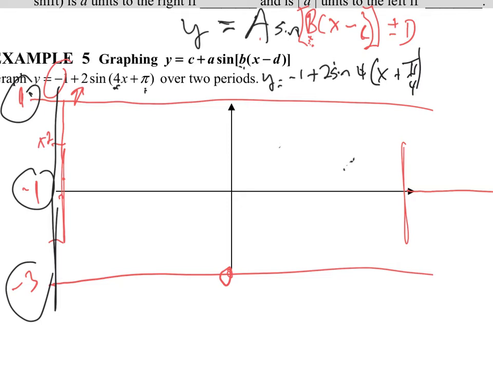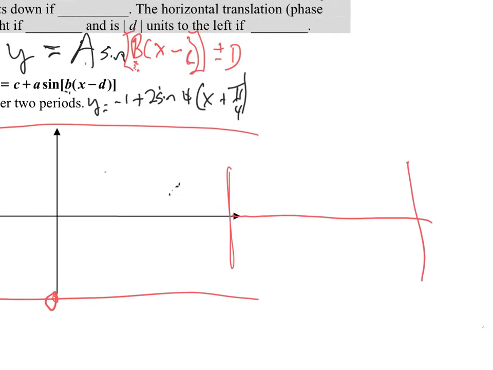So now that I've factored that out, I need to ask myself, the period will be 2 pi divided by my b. So this is 2 pi divided by 4. A whole cycle is done in pi over 2.